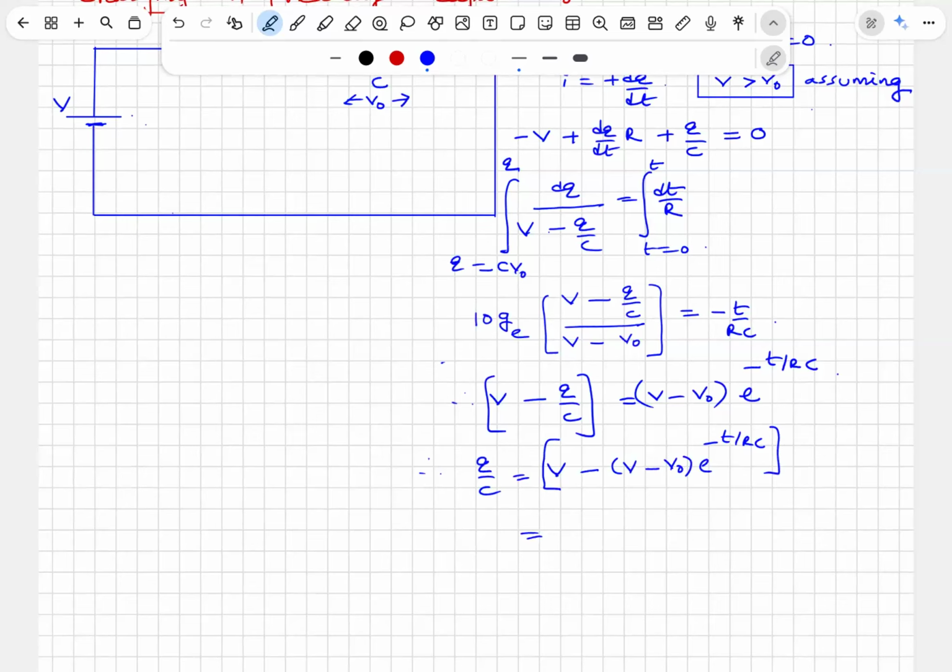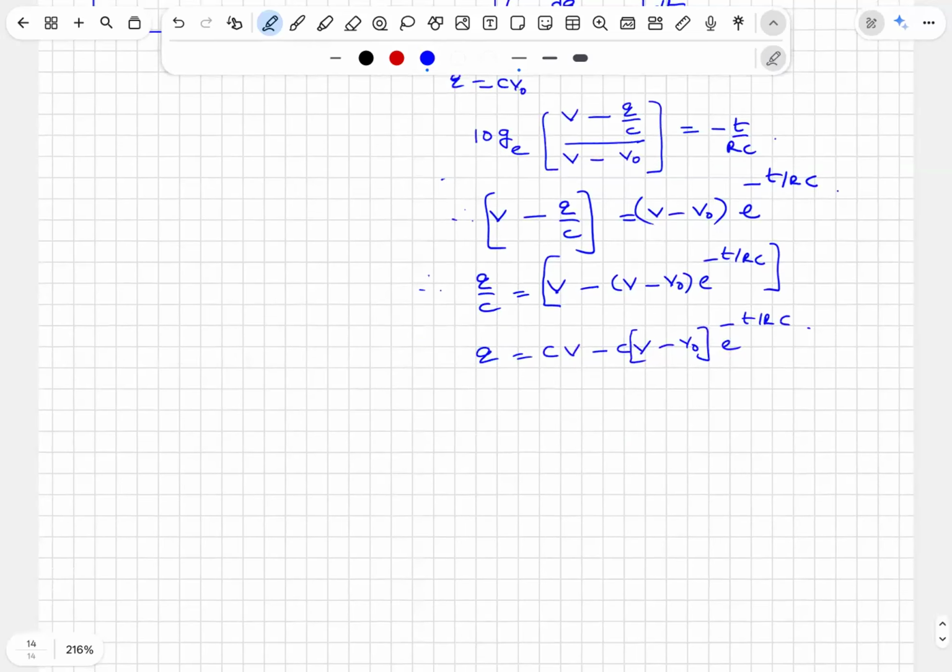So how to write this properly? That's all. This is Q is equal to CV minus C times (V minus V naught) e to the power of minus t by RC. Now what is the graphical behavior here? That's interesting.